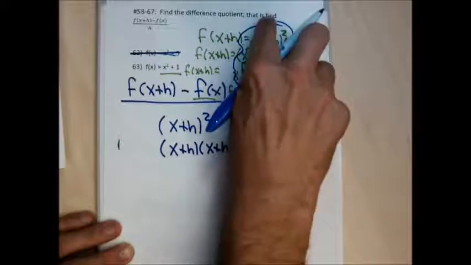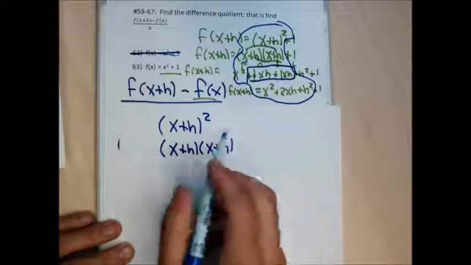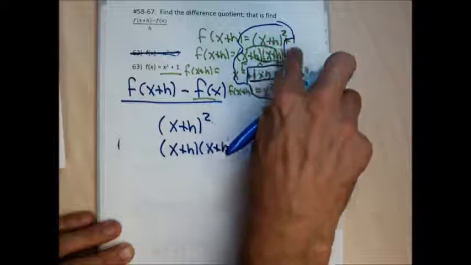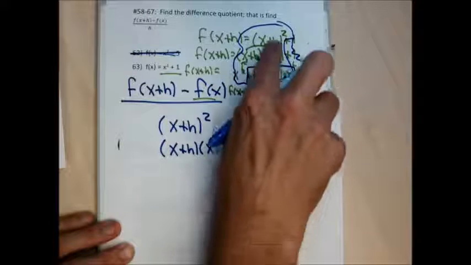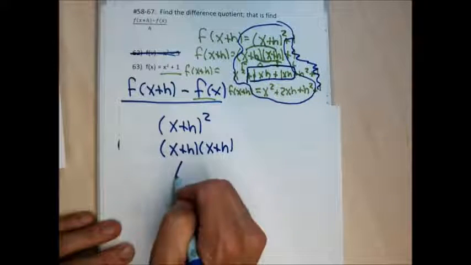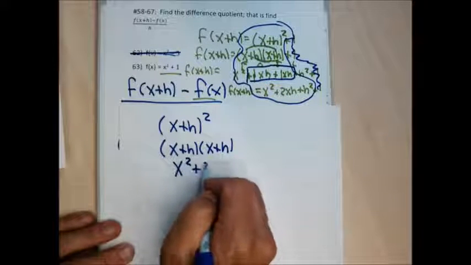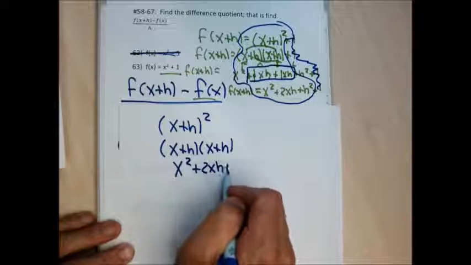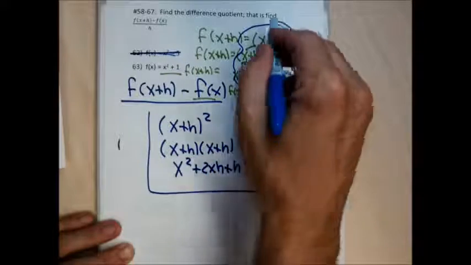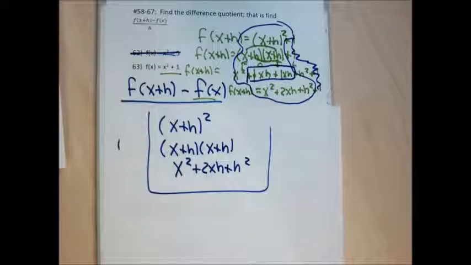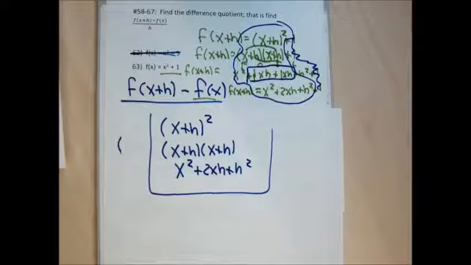And so I'm going to lift what x plus h squared is equal to. If I follow my work down, ignoring this plus 1, I see that x plus h squared simplifies to be x squared plus 2xh plus h squared. I'm going to use this and not recreate x plus h squared over and over again for the next few problems.